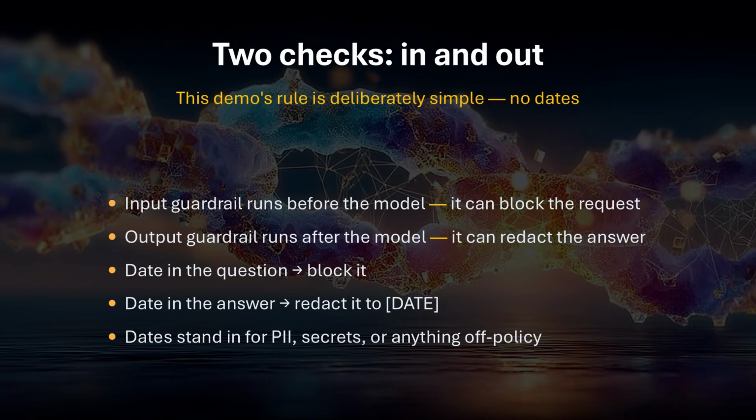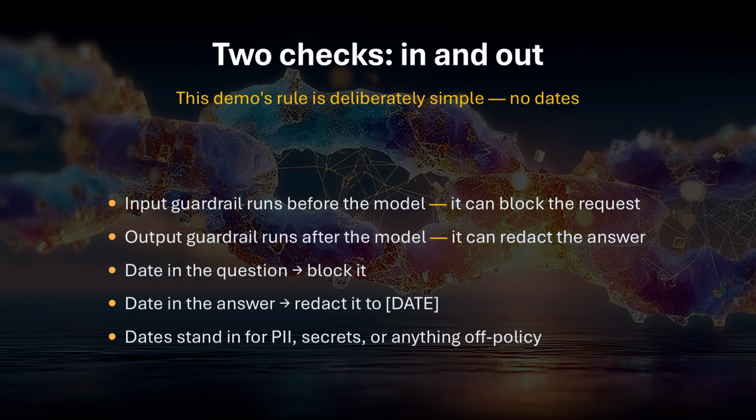So there are 2 places to act. The input guardrail runs first, before the model. If something is wrong, it can block the request outright, and the model never even sees it. The output guardrail runs after the model answers, and it can let the answer through, rewrite it, or redact part of it. For this demo, the rule is very simple.